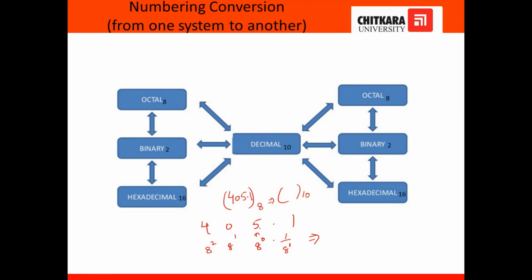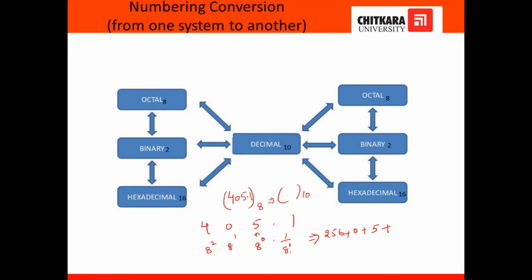What should be the answer, right? When 8 raised to the power 0 is 1, 1 into 5 is 5, plus 8 raised to the power 1 is 8, 8 into 0 is 0. 8 into 8 is 64, and when I multiply 64 by 4, it gives 256. Now what to do with this?